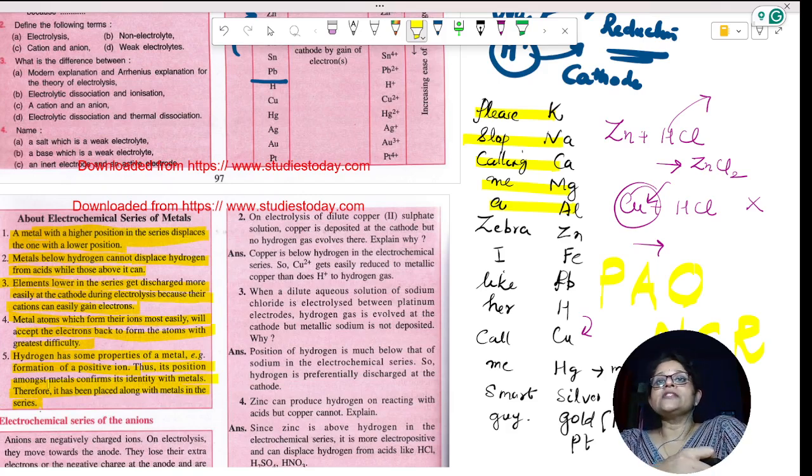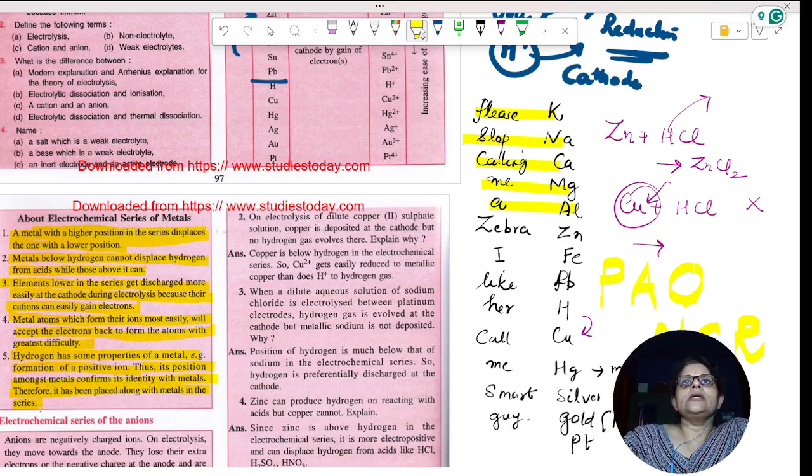Because of its appearance, it is a gas, so sometimes it is not considered a metal, as it does not have the characteristic of being hard and so on. But since hydrogen is there in this series, we can say that hydrogen can be considered as a metal.